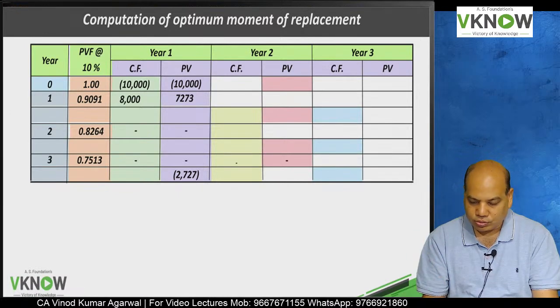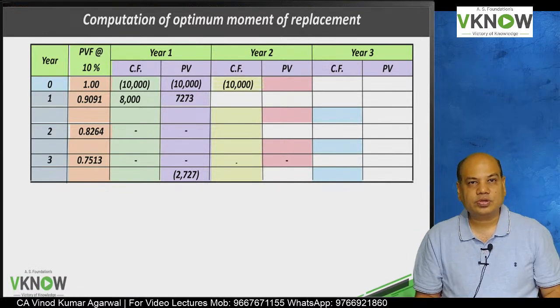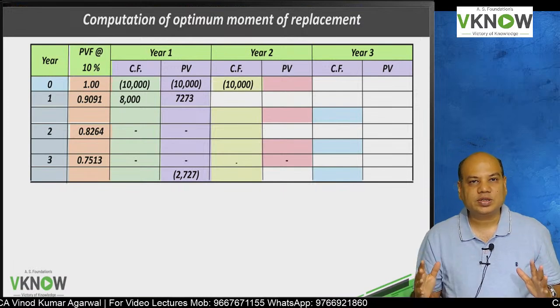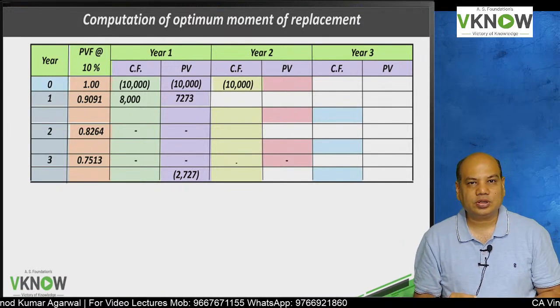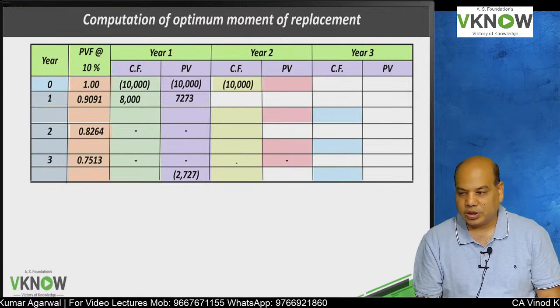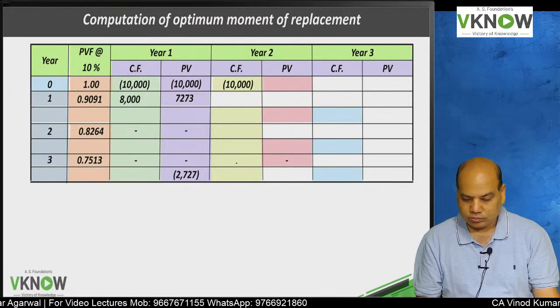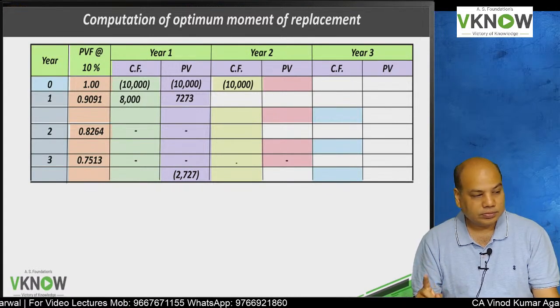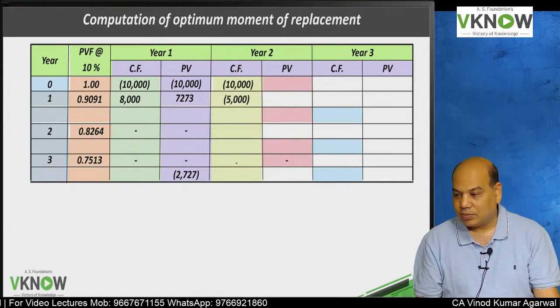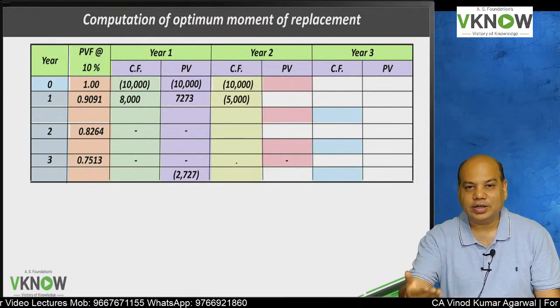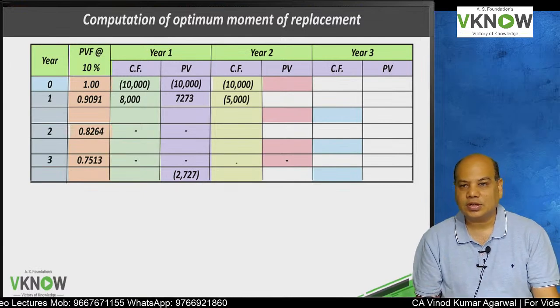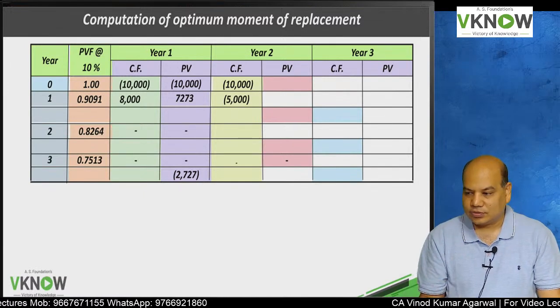Okay, come to year 2. Now suppose you want to purchase a moped and replace after 2 years. So first you will buy the moped, 10,000. In year 1, you will incur repair cost because you want to retain it. You want to use it for the next year. So you will retain it, 5,000.